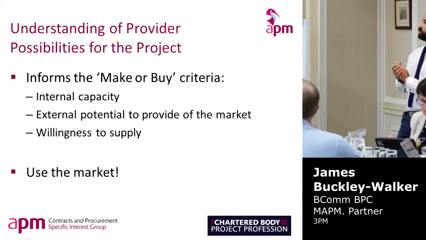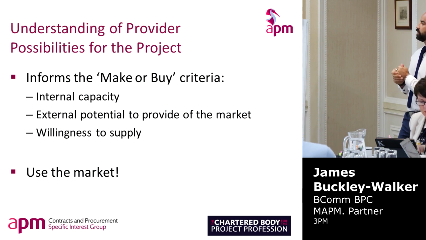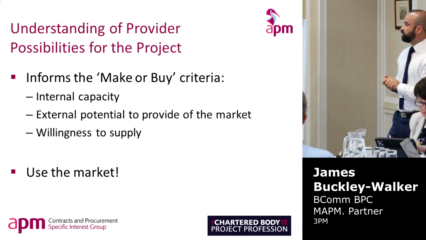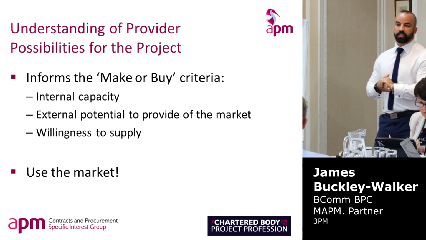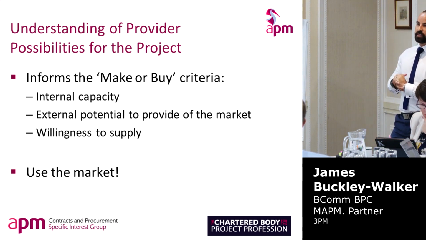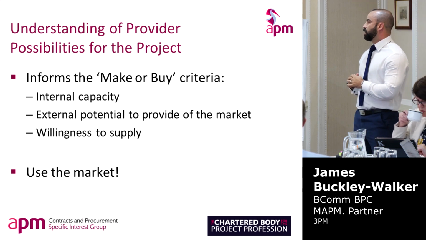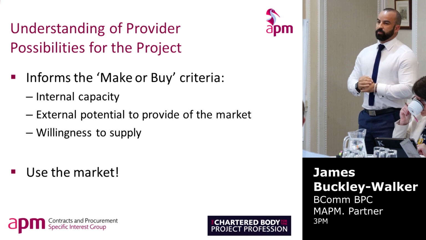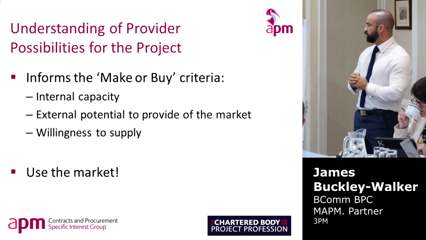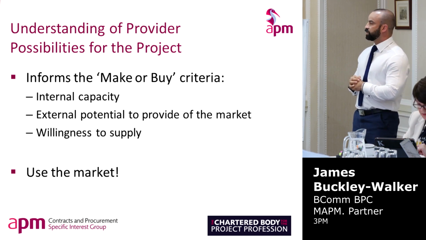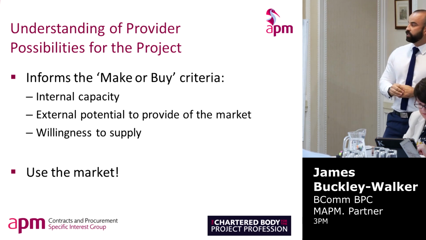Next step is to understand the provider possibilities. So what we want to do is we want to look at the internal capacity to provide of the employer organisation. We look at the market, we talk to the market, we send out RFIs, we try and work out what the external potential to provide is and their willingness as well.